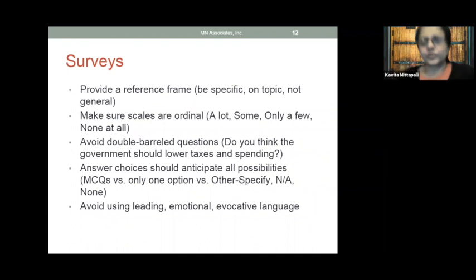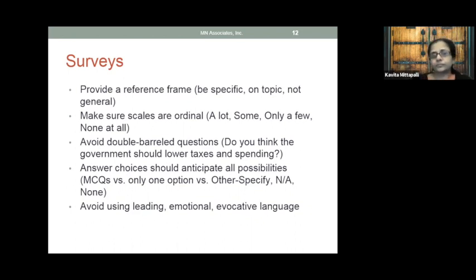All right. So moving further with the surveys, again, provide a reference frame. Be specific, always be on topic, and don't open up with a completely broad topic or question where you lose the interest and they wonder, what did you ask? What does it mean?